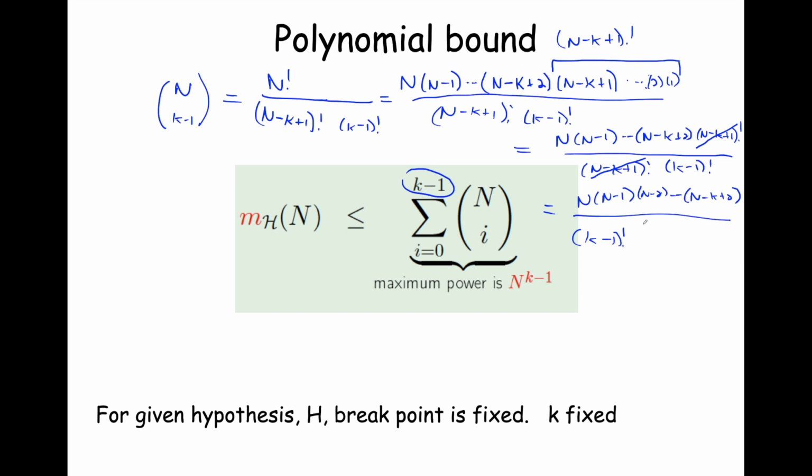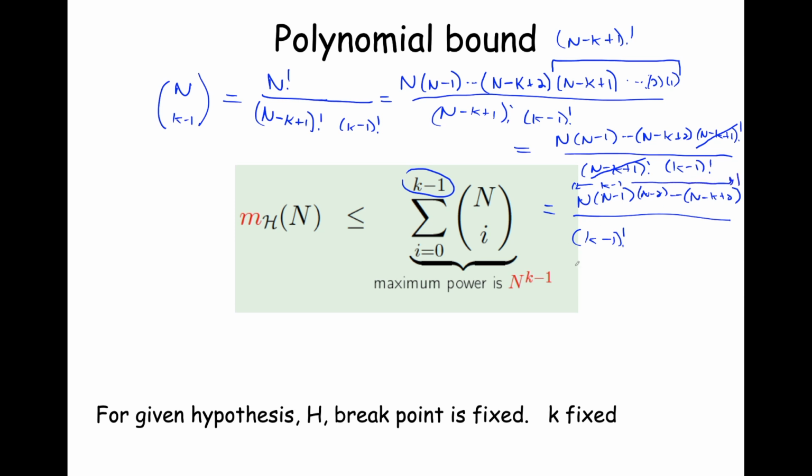Now, if we were to multiply out the polynomial associated with these terms, n times n minus 1 dot dot dot times n minus k plus 2, we're multiplying n with itself k minus 1 many times.